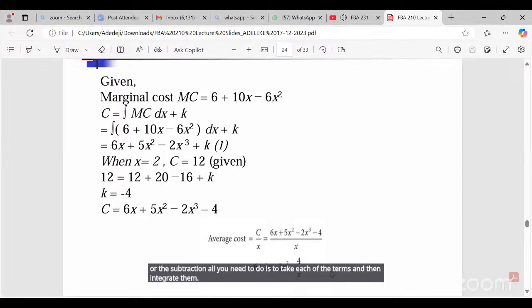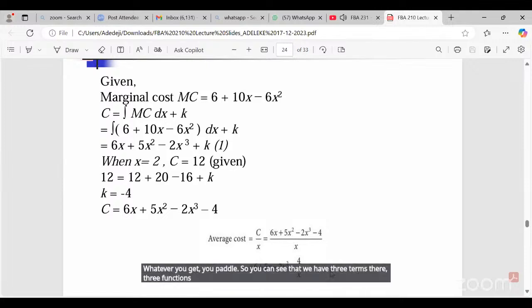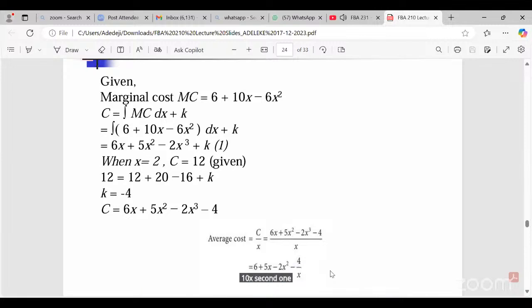So whatever you get, you add up. You can see that we have three terms there: 6 is one, 10x is the second one, and minus 6x squared is the third one. So we are going to integrate each of them with respect to x.